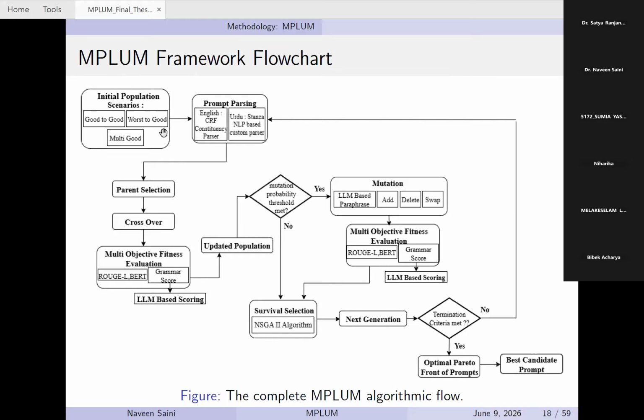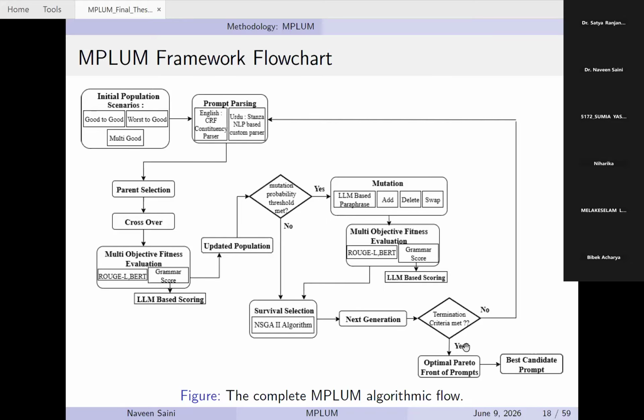Suppose the initial population has 10 solutions and the new population also has 10 solutions. Then out of 10 plus 10, we select the top 10 solutions based on fitness value. Here we apply the domination and non-domination concept. After selecting the top best solutions, we move to the next generation.